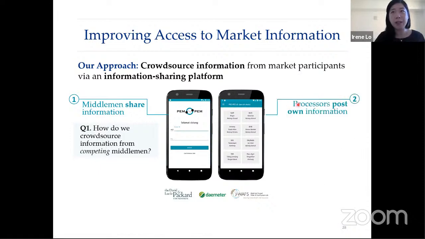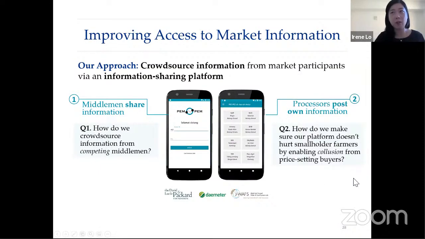Or we might try to have processors post their own information. And the question there is, how do we make sure that when they post their own information, they don't collude and try to set prices that are good for them, but bad for the farmers? And all of this is supported also by large-scale fieldwork in Indonesia.